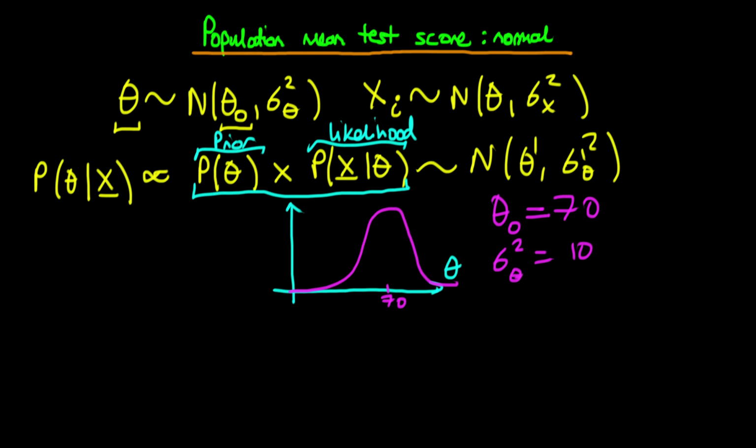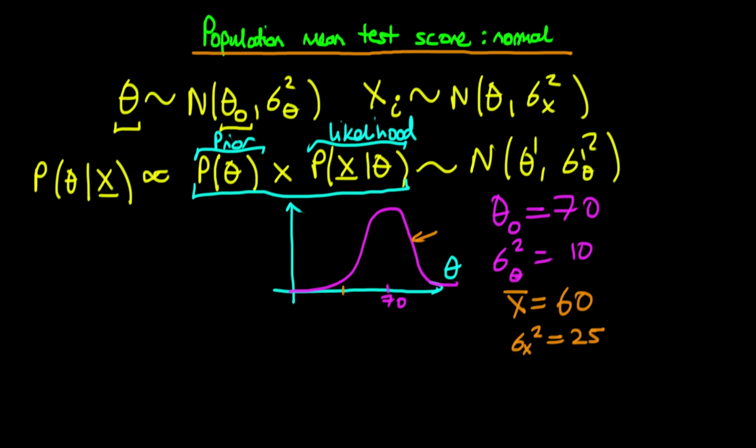And then if we think about what our likelihood would look like in this case, if we imagine our new class has a mean of, let's call it x bar, which is equal to 60, and the variance of a class about their mean is fixed from year to year, and it's got a value of 25. And we can imagine that the likelihood function, even though it wouldn't be on the same y scale as the prior.